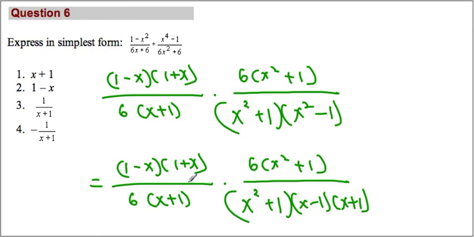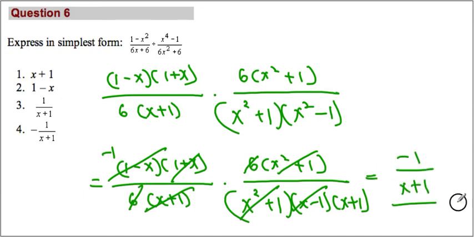Then let's see what we can cancel. These two can cancel, 6's can cancel, x squared plus 1 can be cancelled out. I have 1 minus x versus x minus 1. These are almost the same except the sign itself, so in these kinds of cases we can cancel them out. We have negative 1 left. Then on top we have negative 1, on the bottom we have x plus 1. And that becomes our answer, which is choice 4.